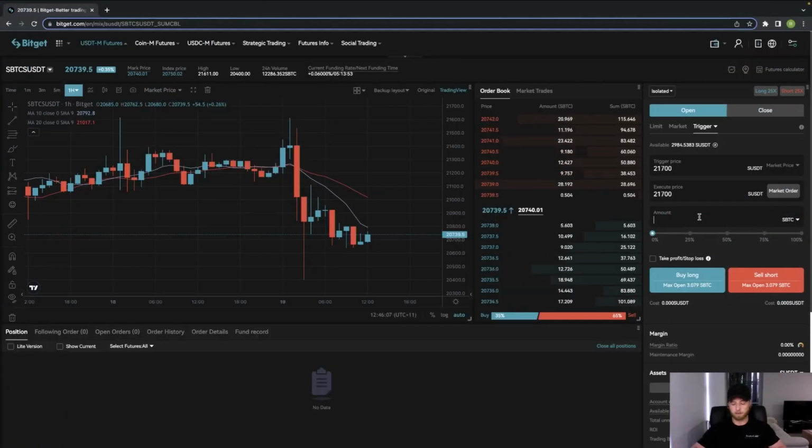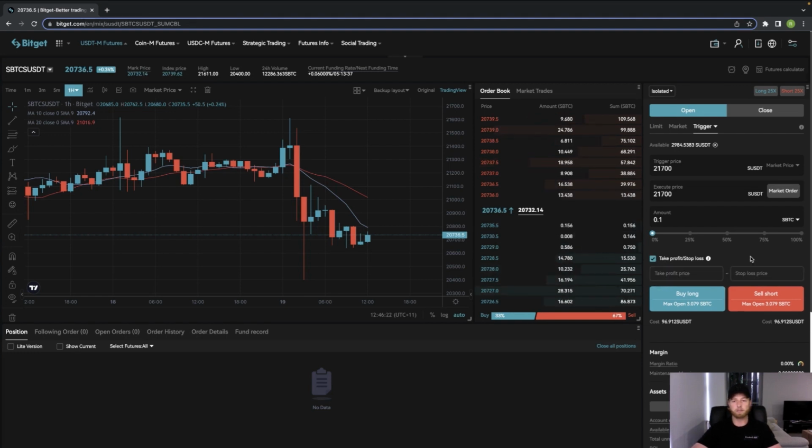For this example, I'll use 0.1 Bitcoin, and then below that we have a checkbox that says take profit and stop loss. Now what I want to do is enter my stop loss, and for this example I'll use the bottom of this wick at around 20,380, and I won't enter a take profit just yet.